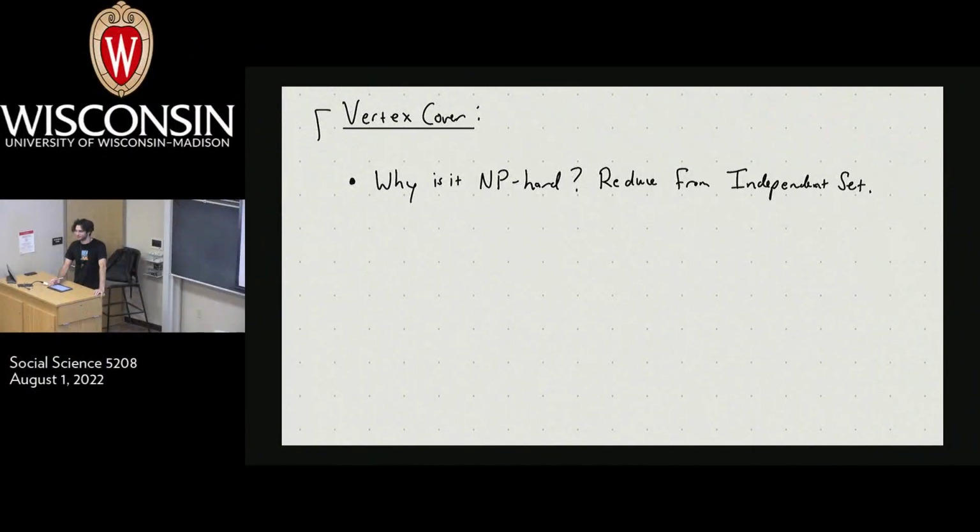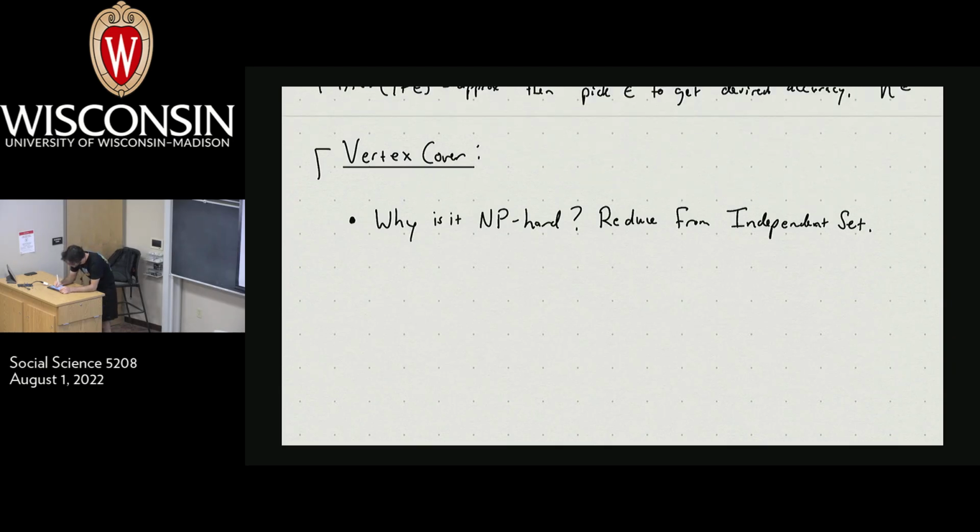So let's see an example right now. Let's again revisit the vertex cover problem. We've seen this problem in pretty much every context you could imagine. We've already shown that vertex cover is easy in the case of bipartite graphs. For bipartite graphs, you might remember there's the video that says the size of a min vertex cover is equal to the size of a max matching.